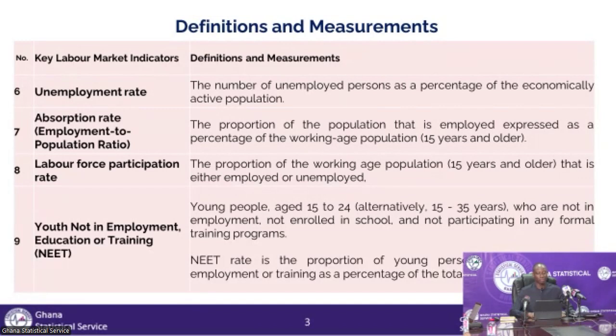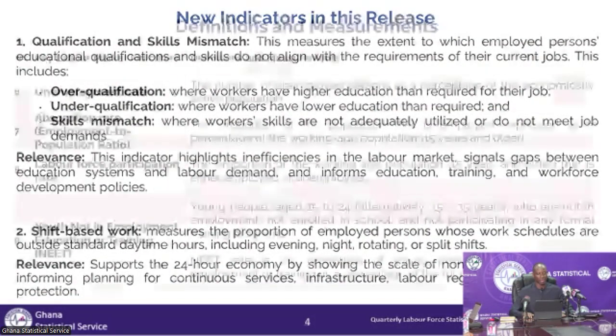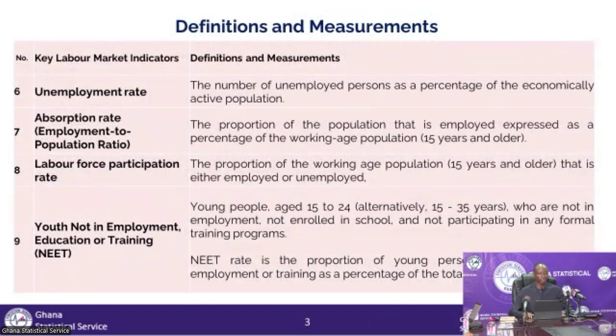And then we have persons outside the labor force. These are age 15 and above, but neither working nor available for work. This group shows both potential reserves of labor and barriers to participation. Usually the group would include students in full-time education, not seeking work.